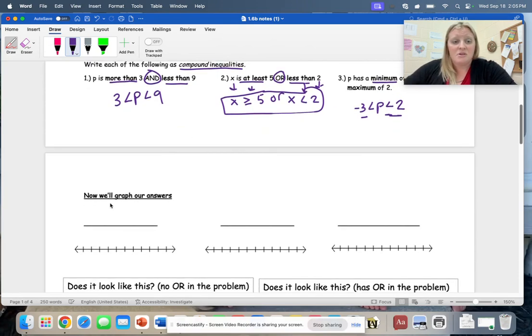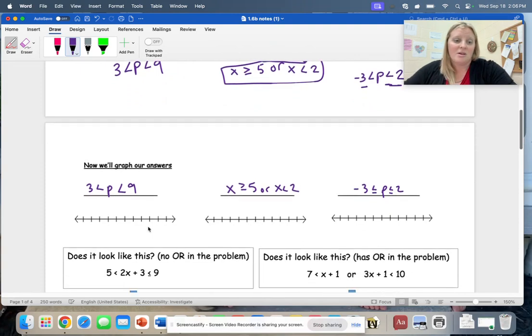The next thing we're going to do is just copy those answers onto these lines, and then we're going to graph them. So we want to make sure we know how to represent our answers on a graph. So we're just going to copy this down real quick. All right, now when we go to graph, we're going to put 3 and 9 on our number line.